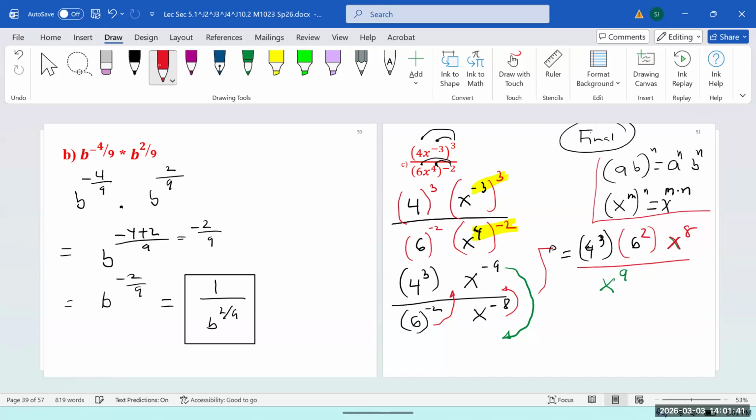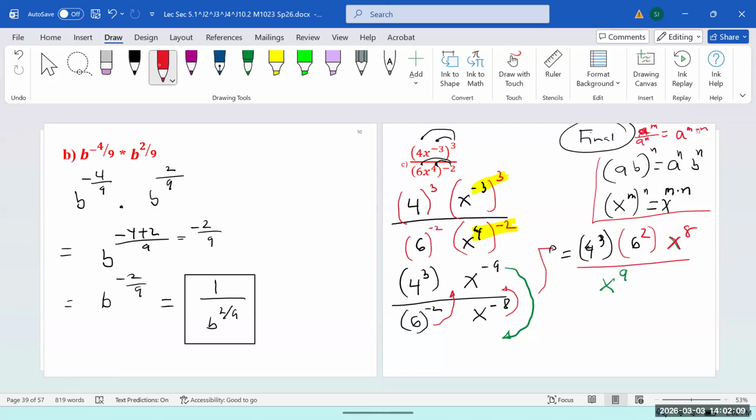And then we have one more rule. In division, you have x to the m divided by x to the n. What do we do in division? Subtract m minus n, if m is bigger. In other words, whatever is bigger, you keep that and subtract the smaller power.